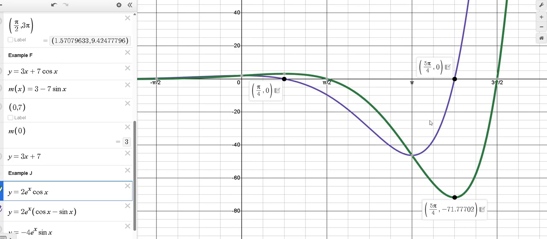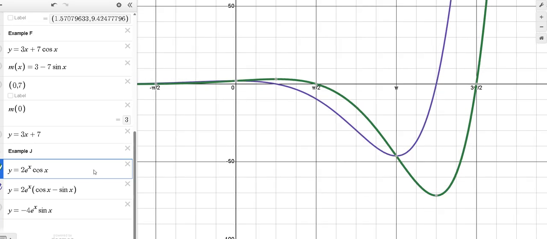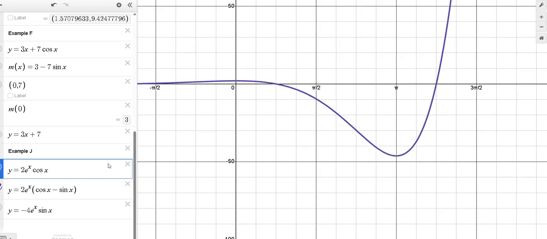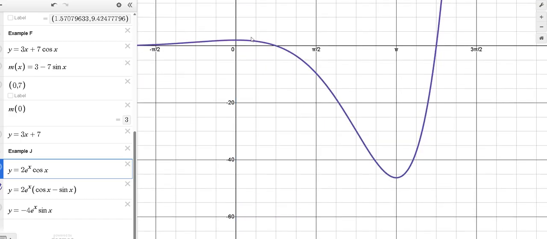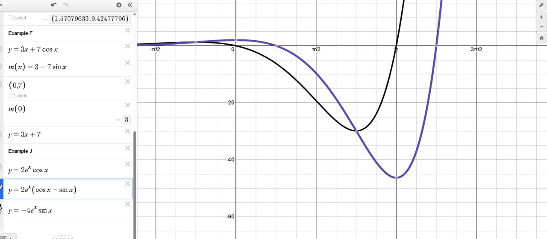And it should be increasing or decreasing in between. Likewise, you can shut off that graph and look at this one, play the same game. We should see the derivative crossing the x-axis here, and also here. So there you go. It crosses the x-axis at 0 and at pi. So looking good. Nice. Telling us exactly what we expected.